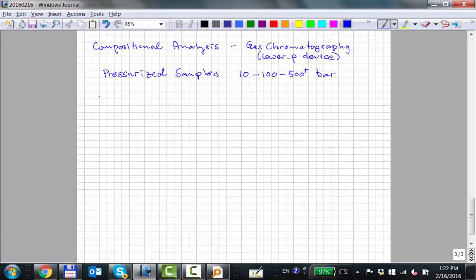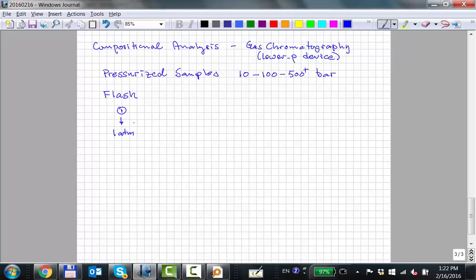So what we have to do is have a 3-step procedure in order to get a composition for these pressurized samples. The first step is to flash. That's step 1, to flash the sample down to 1 atmosphere.